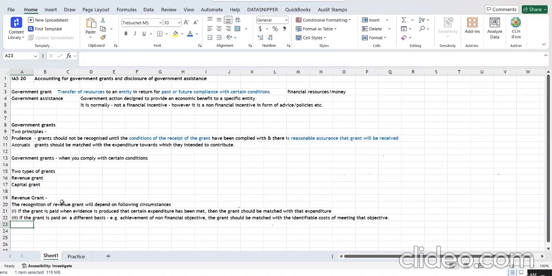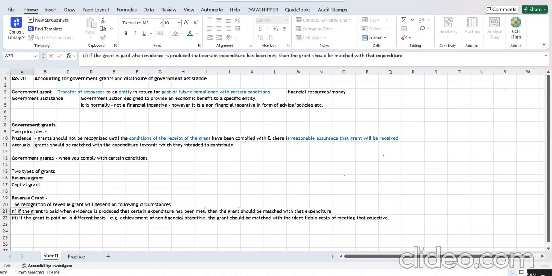And if there is evidence that certain expenditure has been met, so if there is evidence that I have given jobs to 100 employees, right? Then the grant amount should be matched with that expenditure.